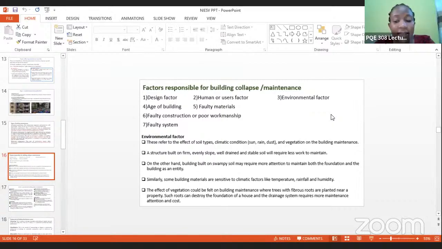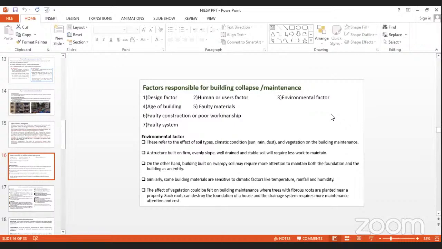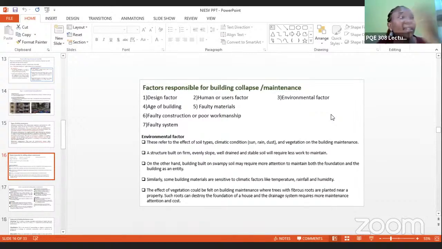So still at the design level, if you don't give it to competent people to handle the design, there are so many things they will start missing. The moment you miss it from loading, you're already heading towards something else.